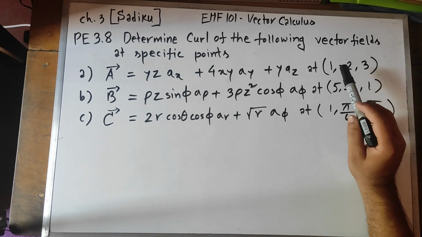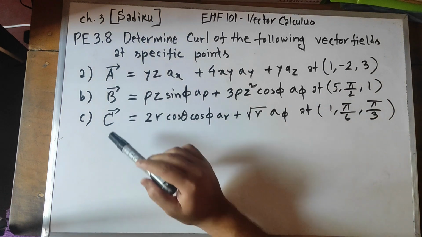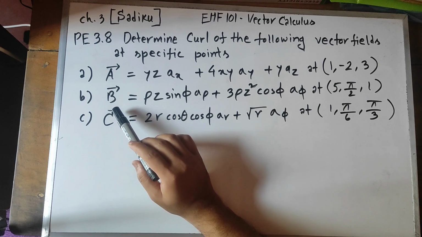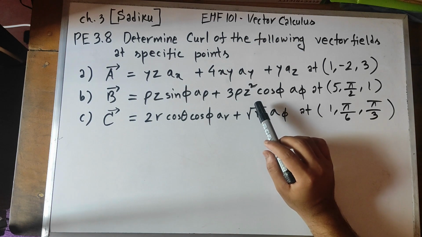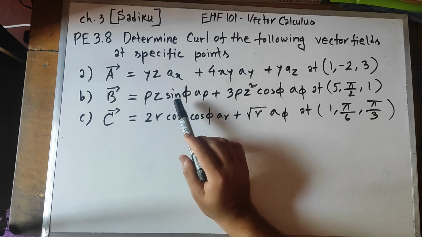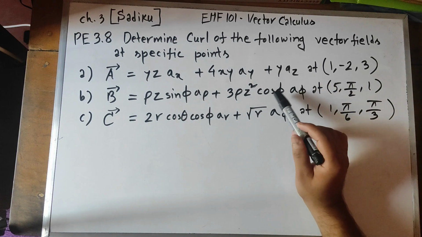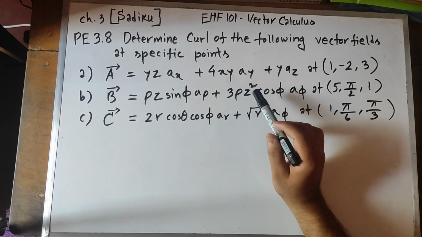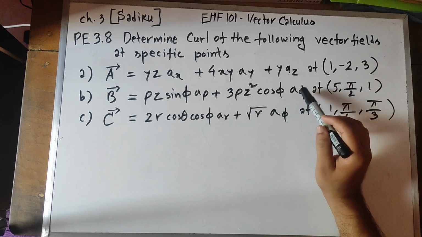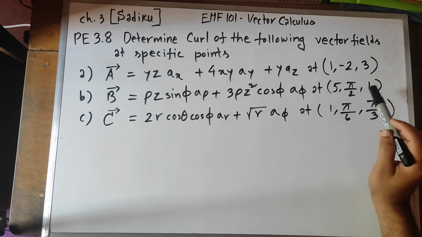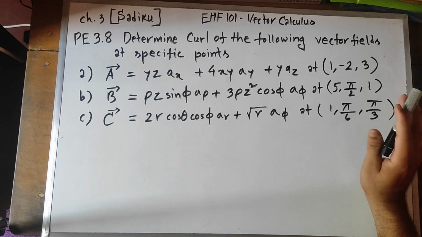the point (1, -2, 3). Correspondingly, the vector field B is in the cylindrical coordinate system, which is rho z sin phi in the direction a rho plus 3 rho z square cos phi in the direction a phi, at the point (rho, phi, z) = (1, pi/2, 1).